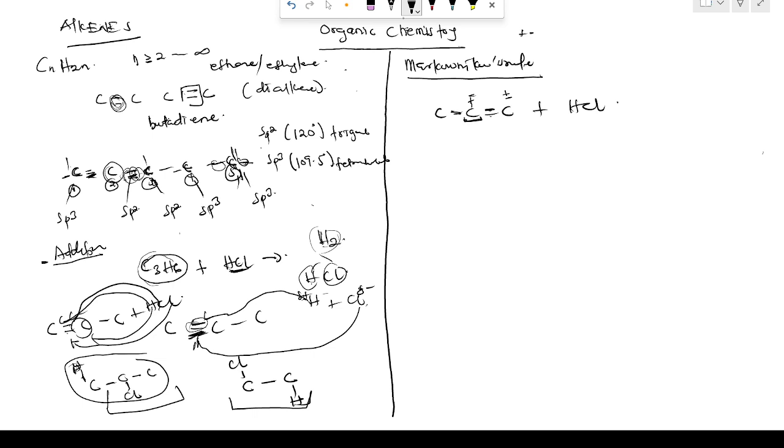To identify the more stable one, the carbocation, you look at the carbon which is more substituted. More substituted refers to a carbon that has other groups present aside from hydrogen.